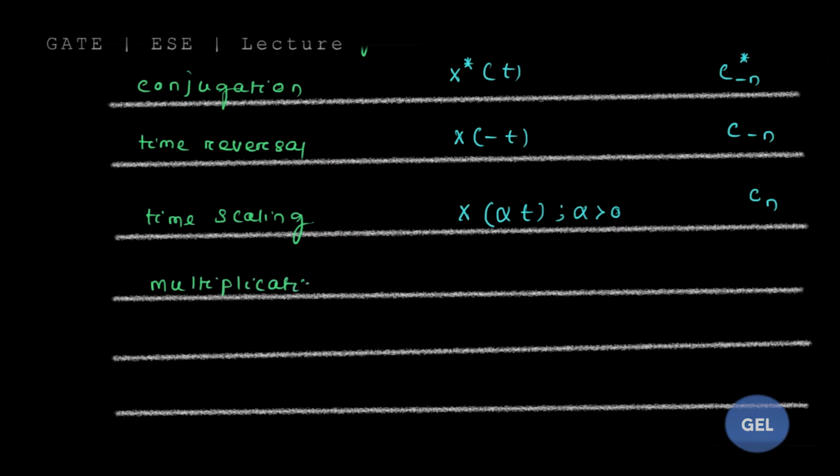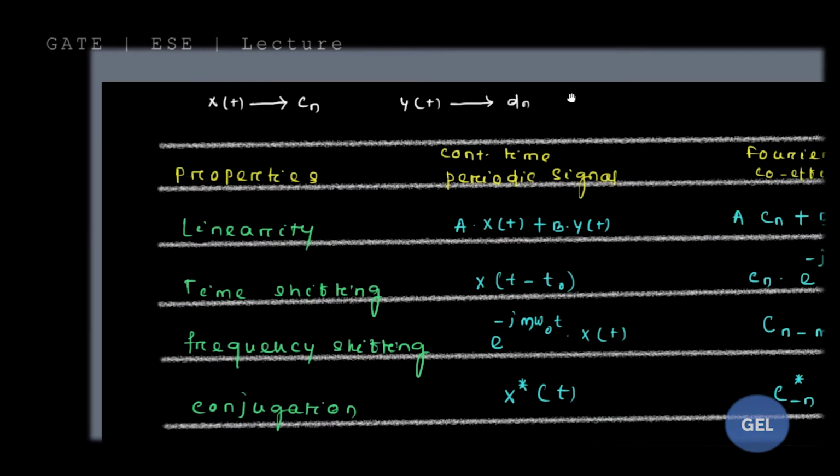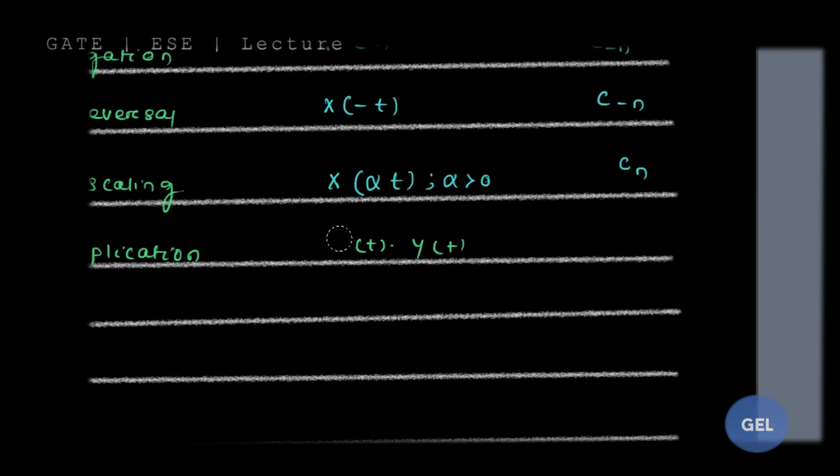If you are multiplying two signals x of t into y of t, both periodic signals with their own Fourier series coefficients Cn and Dn respectively, then the subsequent Fourier series coefficient will be the summation of Cm Dn minus m, where m goes from minus infinity to infinity.